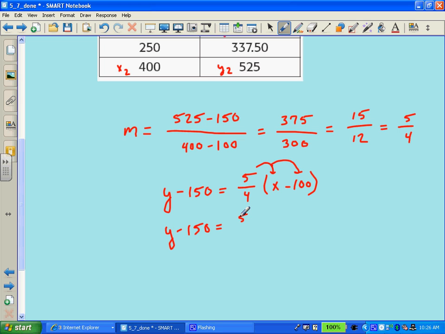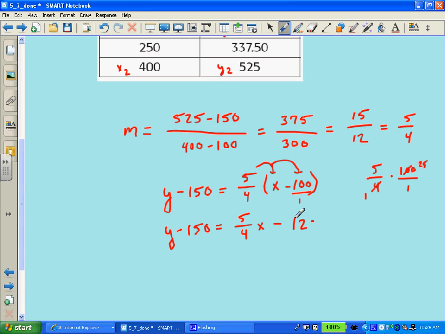So we got y minus 150 equals 5/4 x minus, let's see, this is going to be, I can cross reduce. I'm trying to do 5/4 times 100 over 1, so I can reduce.